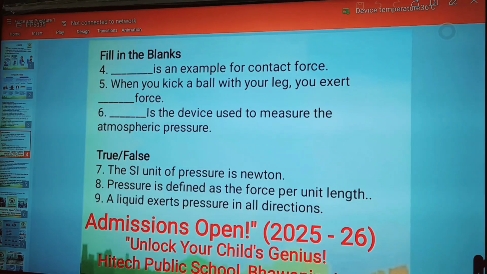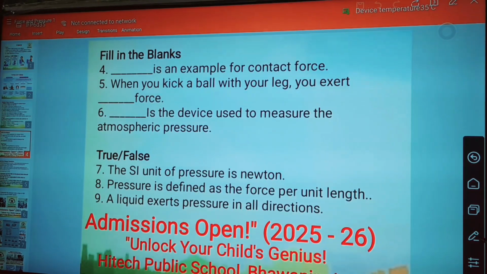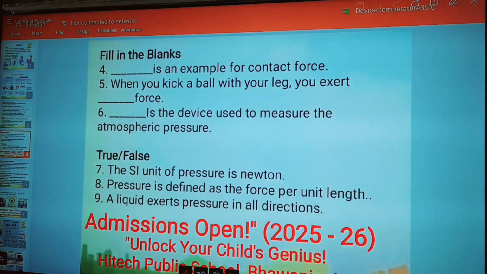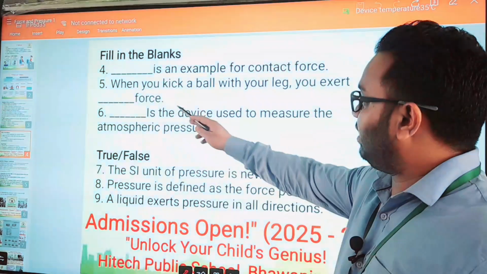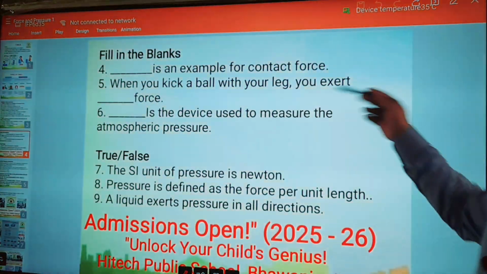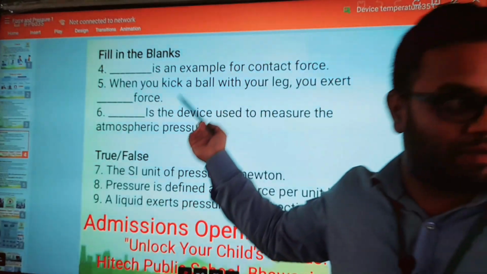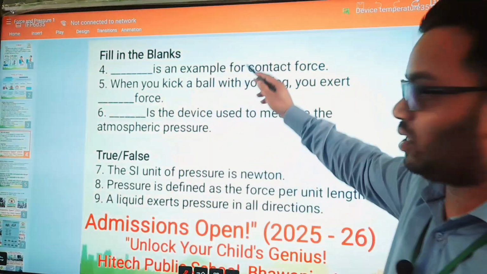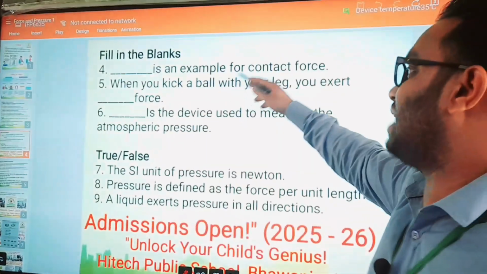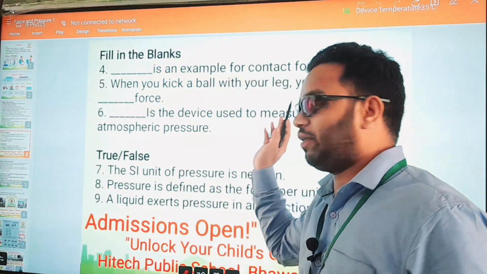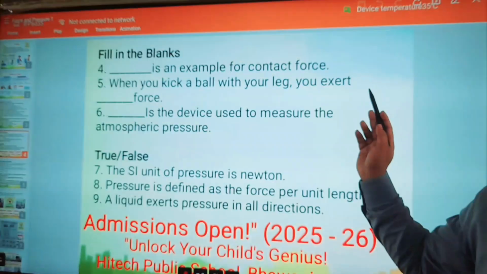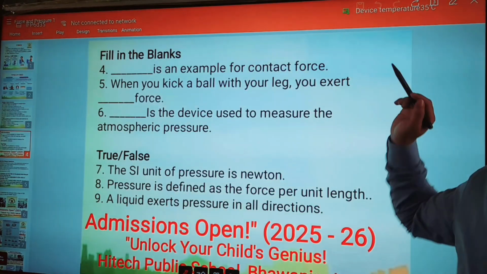We have filled in the blanks now. Dash is an example of contact force. We can say frictional force or muscular force. Both are examples of contact force. Yes or no?